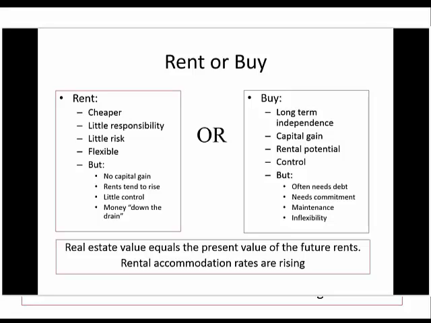A final disadvantage with buying is the inflexibility of the purchase. To simply buy a property now and then decide later on to move across the street to, let's say, an equivalent house, maybe even an identical house in the same street, can often cost in the vicinity of $20,000 to $50,000 by the time you pay for all of the various legal fees, the agent's commissions, removalist costs, different tax obligations, stamp duty, and so on.